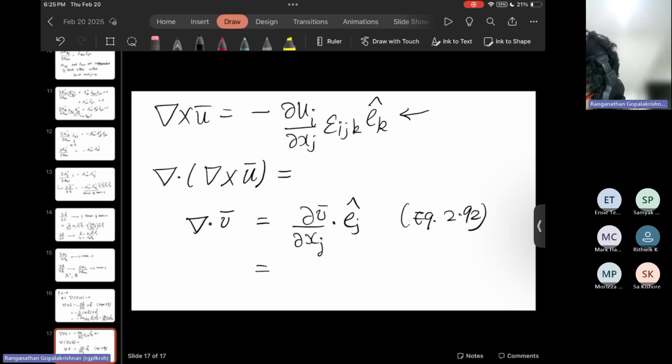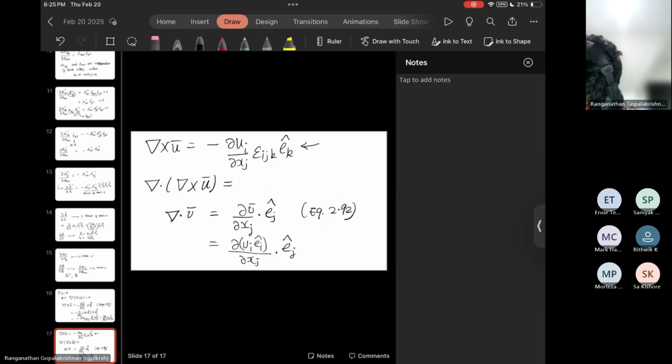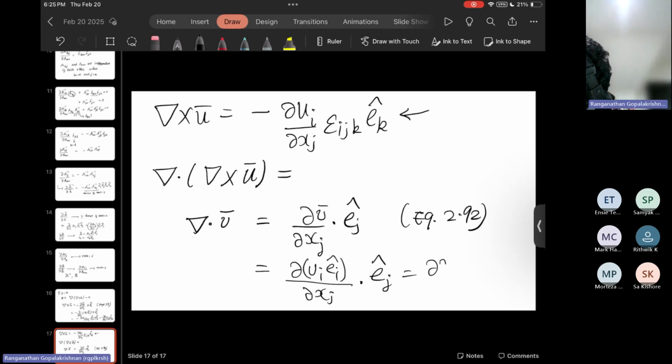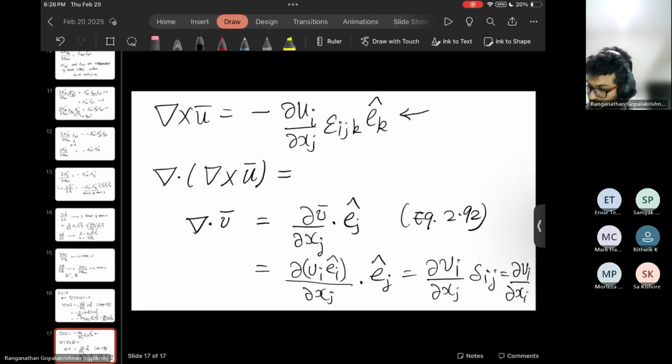If I write the vector v as vi ei, then partial over xj dot ej is nothing but partial derivative of vi with respect to xj, delta ij, or partial derivative of vi with respect to xi. This is just to recap what divergence is. What you want is not this quantity. You want the divergence of a vector which happens to be the curl of a vector u.